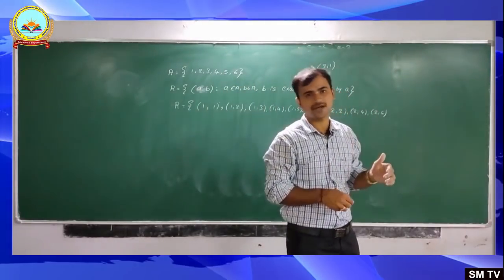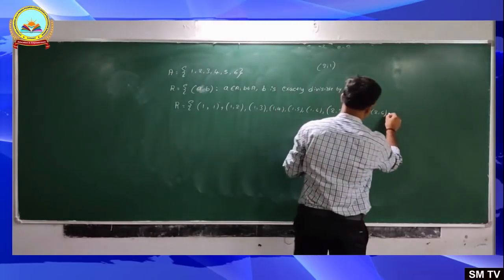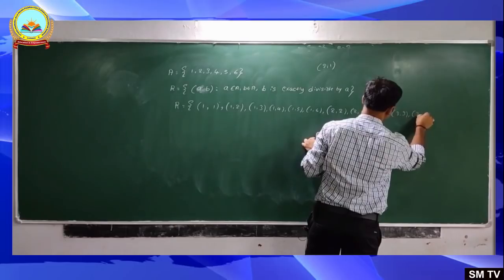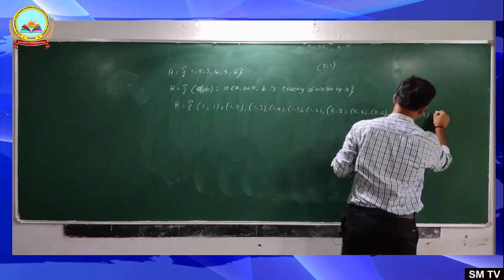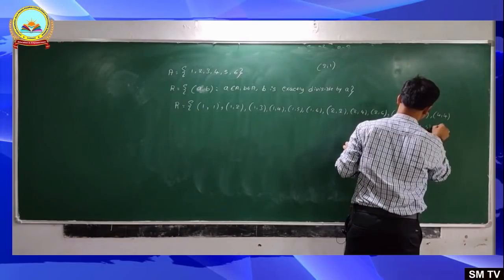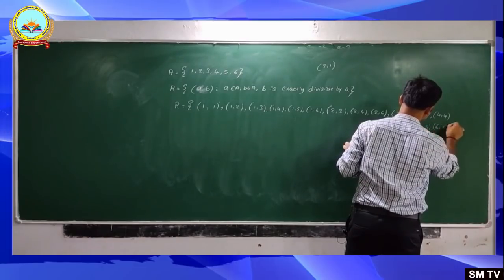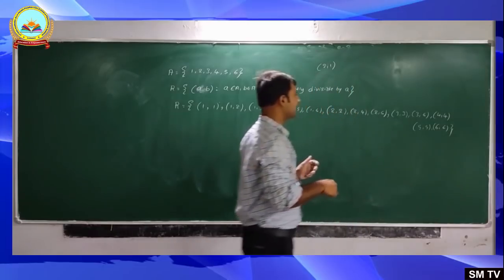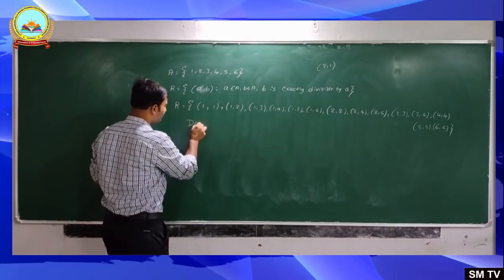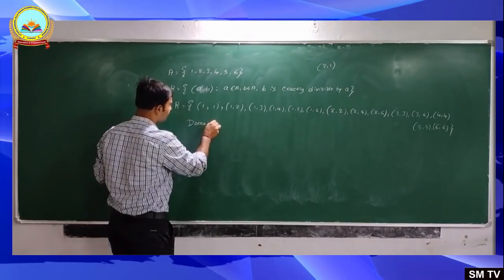Relation is a subset of the Cartesian product. Next (3,3), (3,6). Next (4,4), (5,5), (6,6). These are the elements in this particular relation. So what will be the domain?